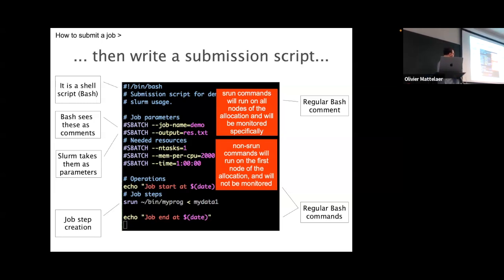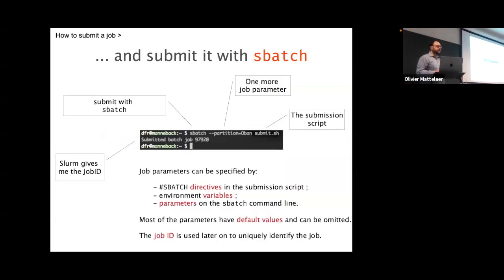Okay, so this is the structure of a typical submit script with the shebang. You can write commands. There are specific commands which are interpreted by Slurm, and then you have the job steps and the commands that you put in the job. Now that you've written the script, you need to submit it to the scheduler, so to Slurm.